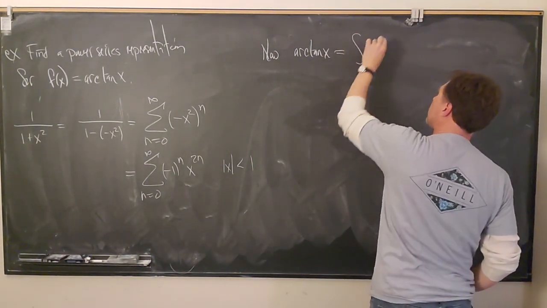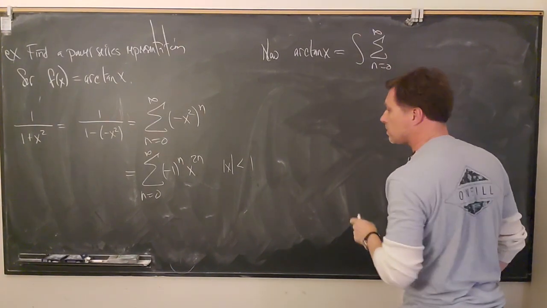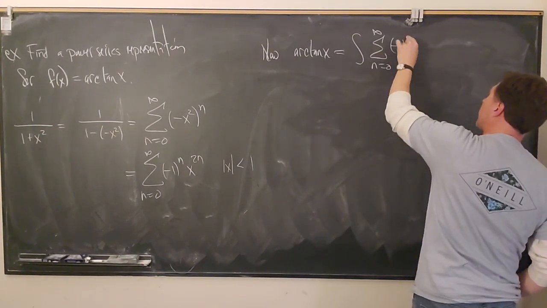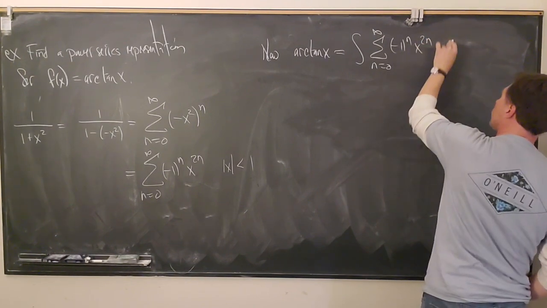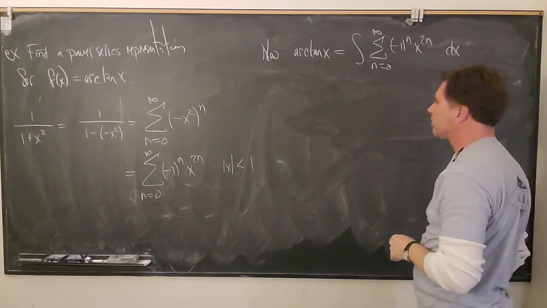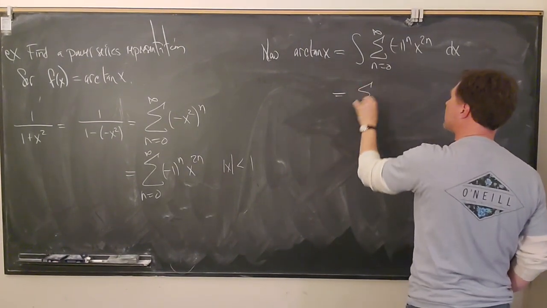So that'll be the antiderivative of the sum from n equals 0 to infinity of (minus 1) to the n, x to the 2n, dx, which is equal to, so now let's take the antiderivative.